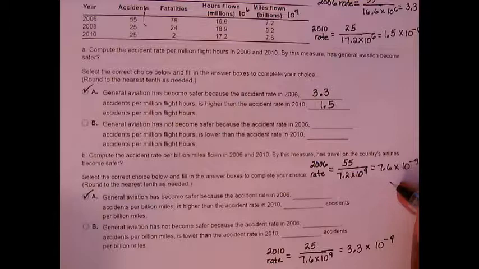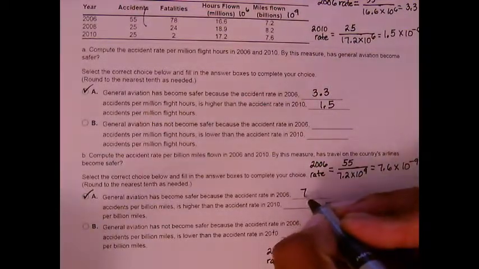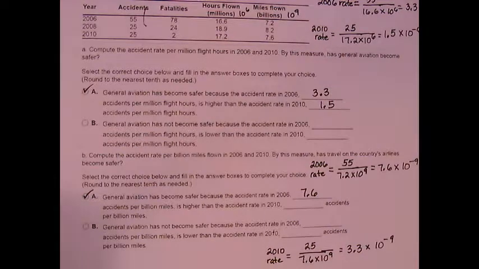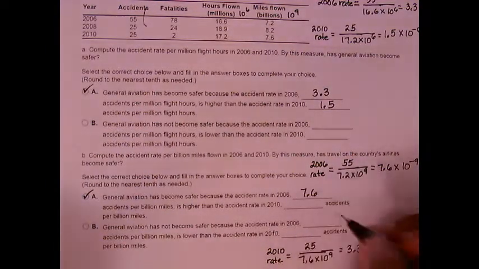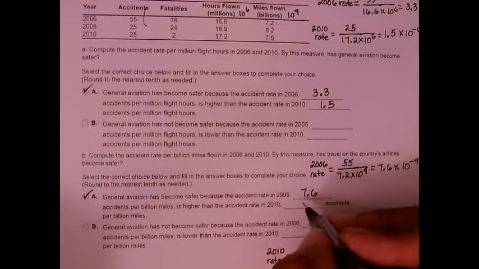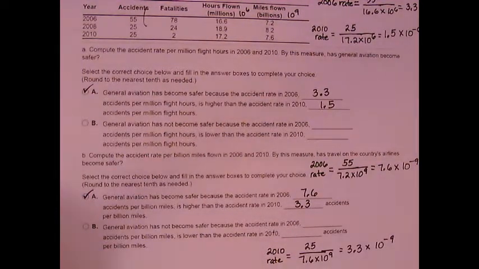So general aviation has become safer because the accident rate in 2006 at 7.6 accidents per billion miles is higher than the accident rate in 2010, which is 3.3 accidents per billion miles.